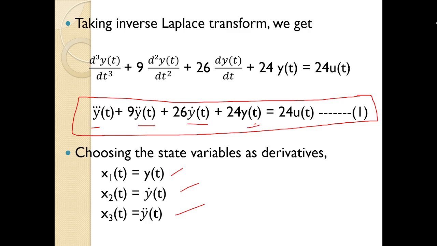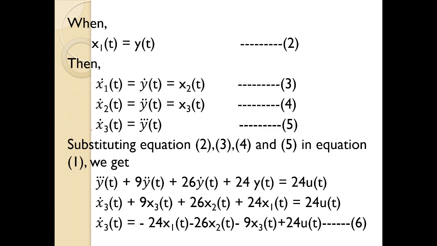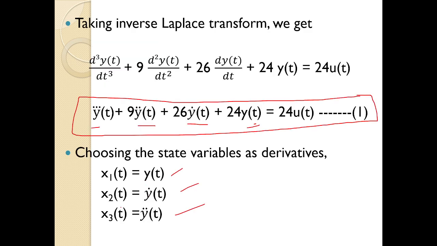So for that, let us see what we can do. Now we know x1(t) is y(t). So x1 dot(t), that is the first derivative of x1(t), will be y dot(t). And we know y dot(t) is equal to x2(t), as in the previous slide.